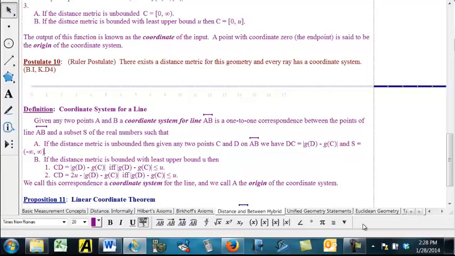All right, so that's the unbounded case.